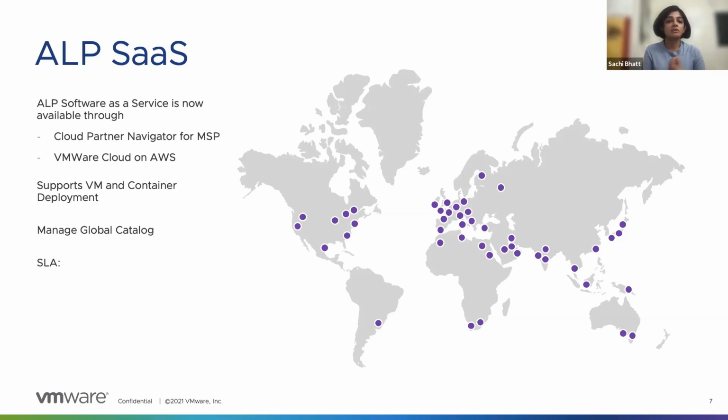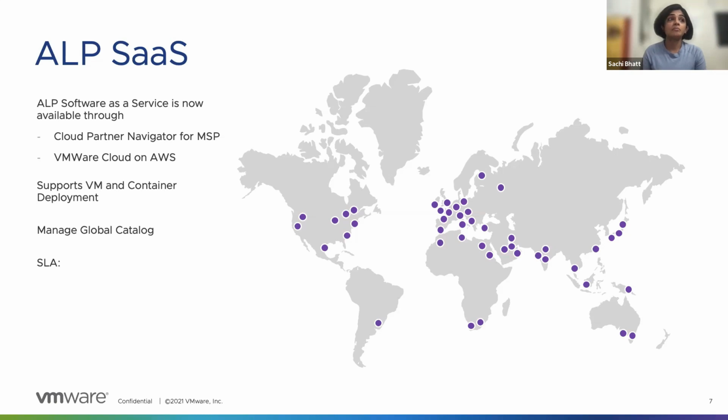We don't need VCD to deploy the applications for the customer. And we also support VM and container deployment as long as we have a container service extension installed and set up on the cloud endpoint that we are interested in.